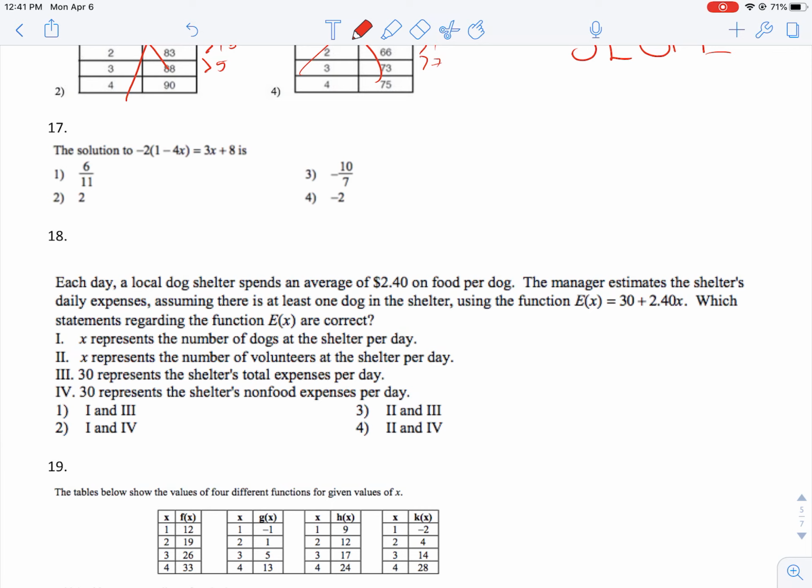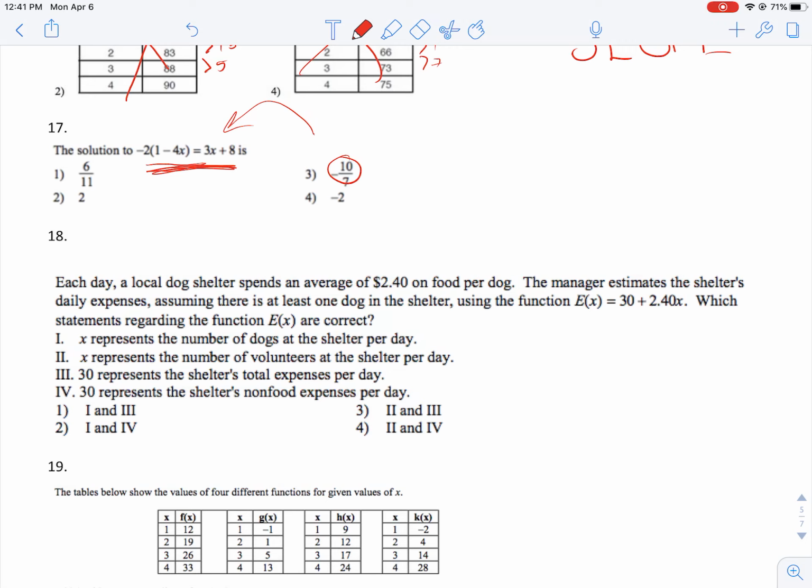Number 17. It says, the solution to this problem is... Now you've got a couple options here. Here's our problem, and one of these values is true for this equation. In order to find that, there are a couple of options.